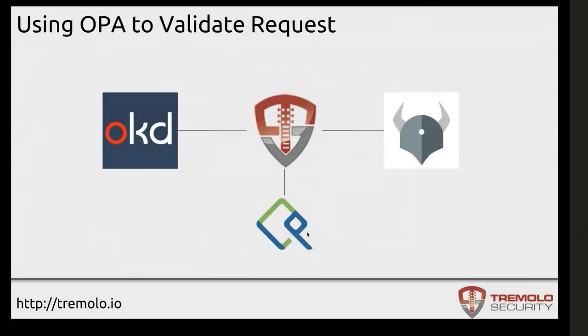OKD doesn't know that much about its users. It basically just knows a username, a couple of other bits of information, and groups. All the other information that we would need is coming from FreeIPA, so that's also the opportunity we have to grab it. Then once we have that information, we're injecting it into the request, which OPA then knows how to parse out, and it works real nicely. We're using that on both validating webhooks and also mutating webhooks.